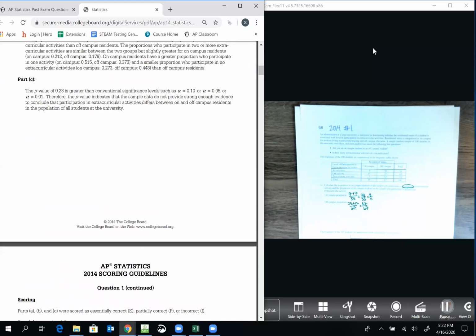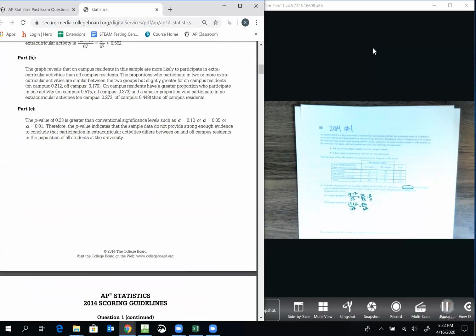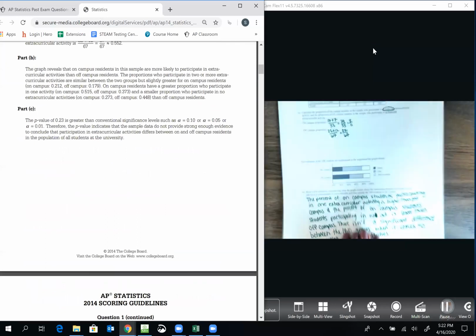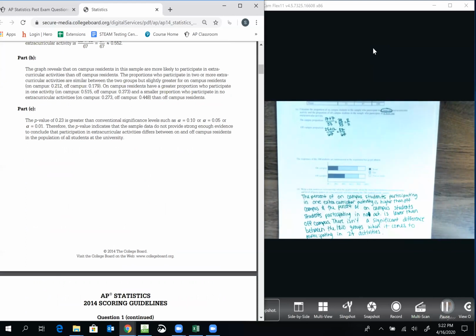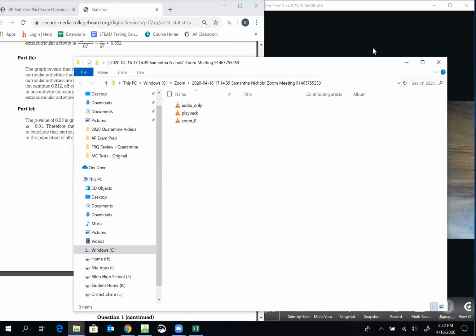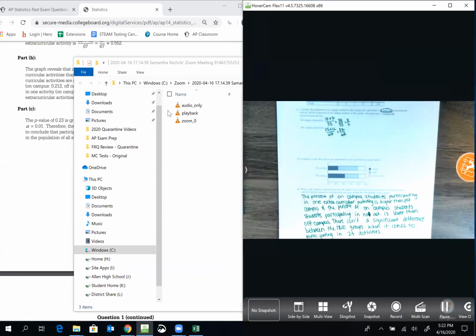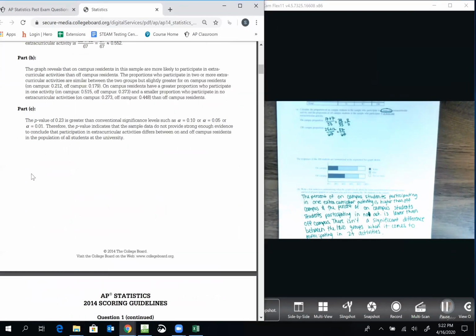Part B was a little different. I hope I did it correctly. They asked you to write a few sentences summarizing what the graph reveals about the association between residential status and the level of participation in extracurricular activities amongst the 100 students in the sample.